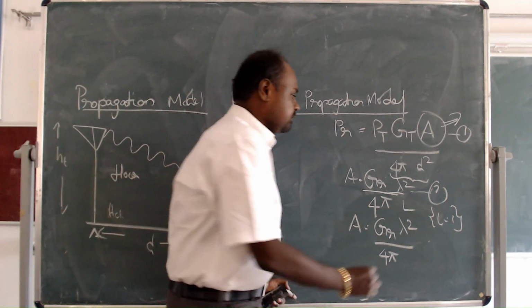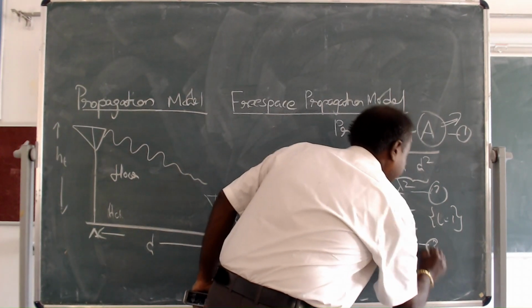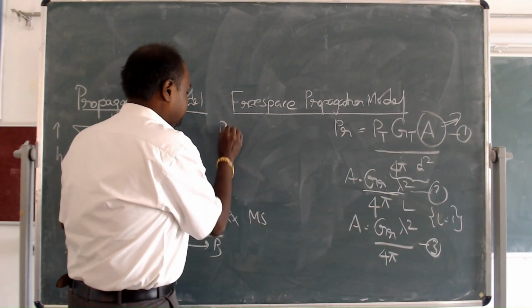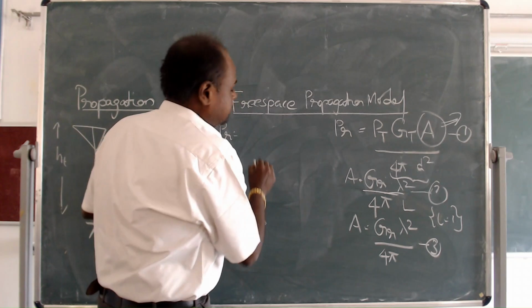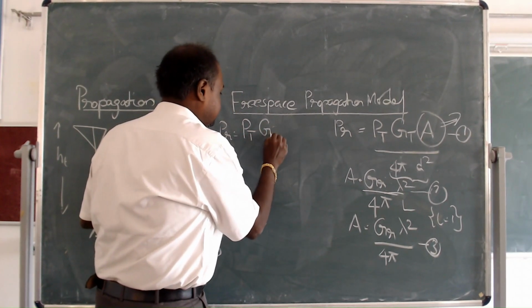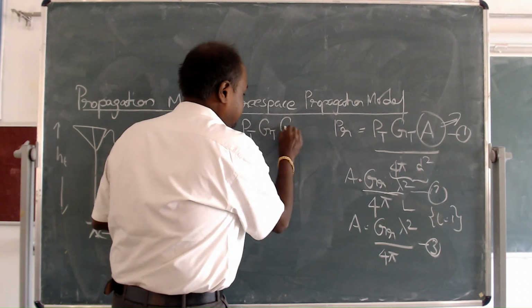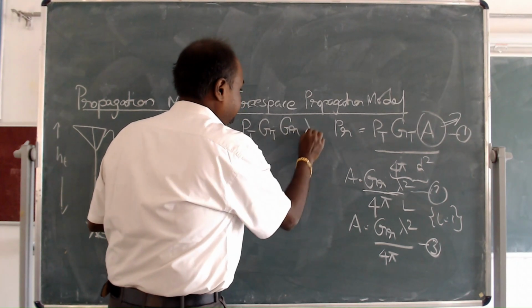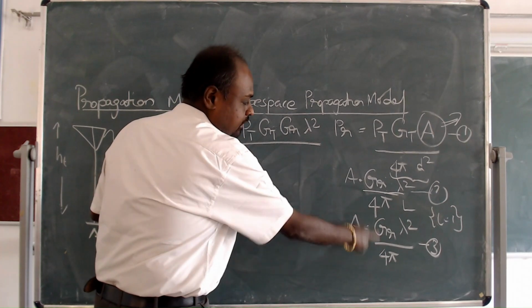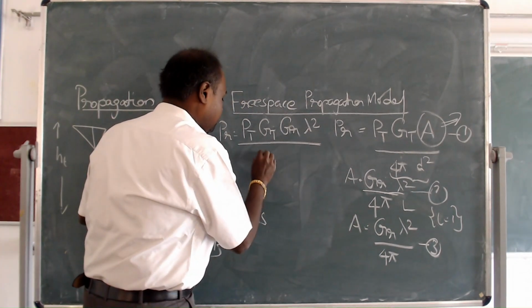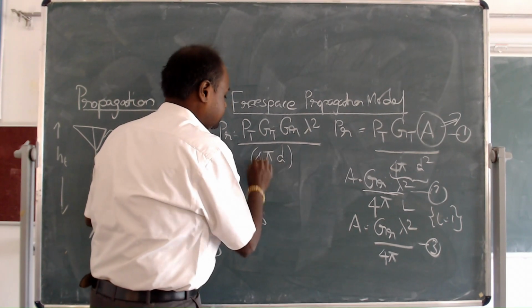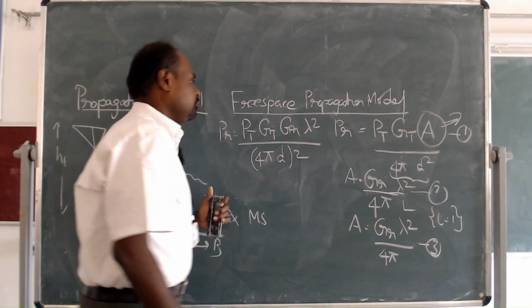Now substituting equation 3 in equation 1, the equation becomes PR equals PT, the transmitted power, GT, GR into lambda square divided by, already 4 pi is there, here also 4 pi, so it became 4 pi D the whole square. So this is the equation.